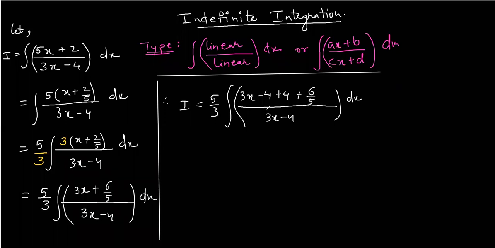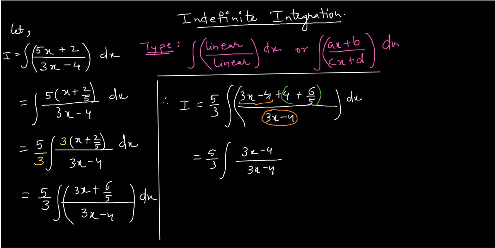And why did I do this? Because I wanted to have the same expression in the numerator that I had in the denominator. In the denominator I had 3x - 4, so I made sure I have the same in the numerator. So the numerator, I got it. What further will I do? I will simplify this. The next step I get here is 5/3 times (3x - 4)/(3x - 4).